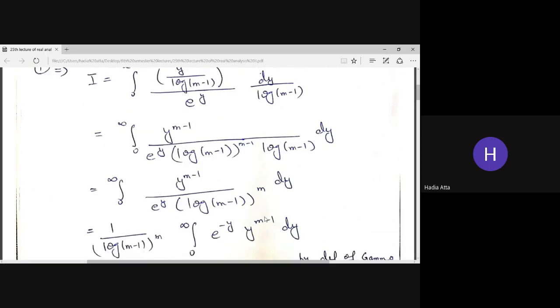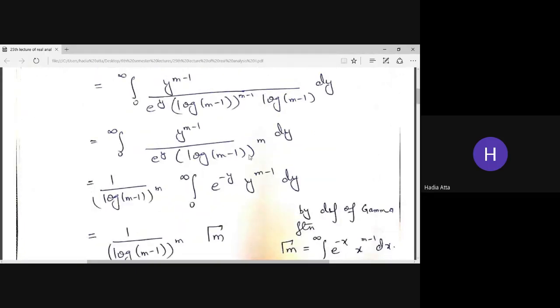The log of (m minus 1) to the power m is a constant value, so take it outside the integration. Our integration becomes the integral from 0 to infinity of e raised to the power minus y, y raised to the power m minus 1, dy.